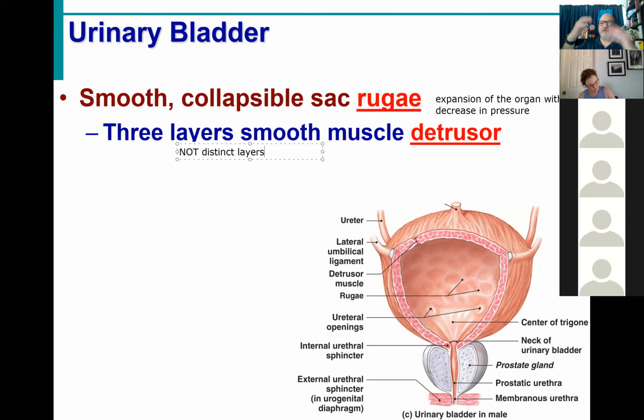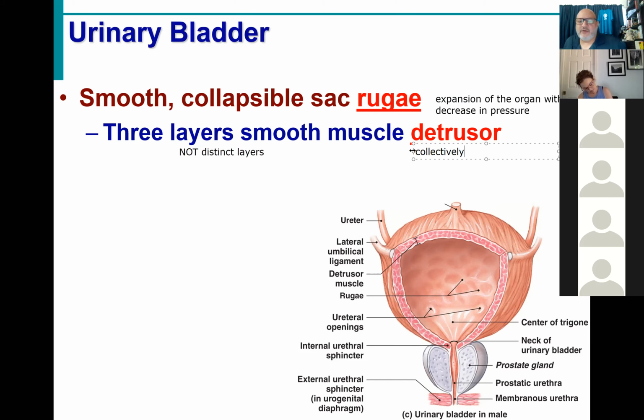There is lots of it, but they're interwoven and intermixed with each other, so you're not going to be able to tell them apart. Because they're not distinct layers, they are just collectively referred to as the detrusor muscle.